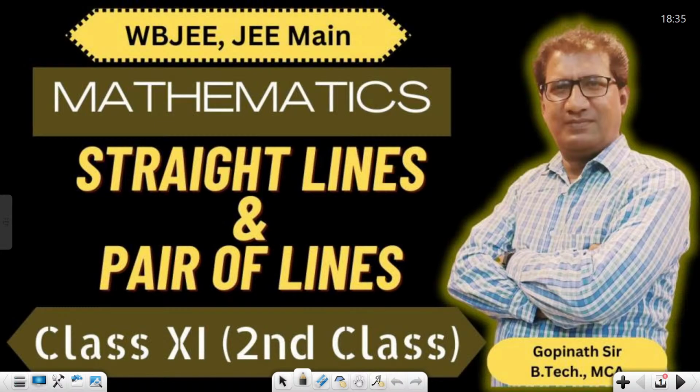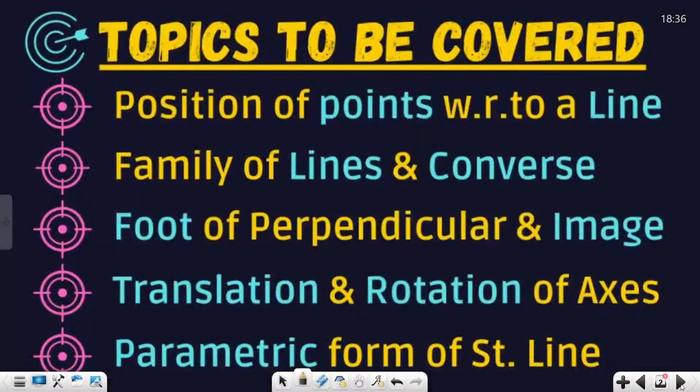So today, in this second class, we are going to cover these topics. First, we will complete position of points with respect to a line. Then we will go for family of lines and its converse theorem.